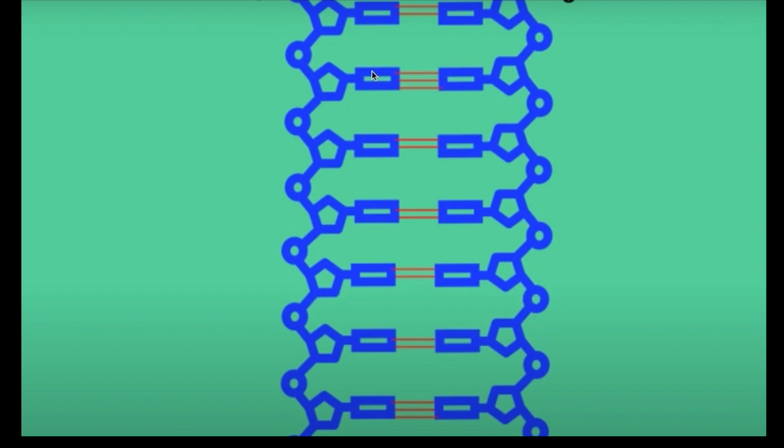Then I want you to label this one here as a G. G for guanine. This one as a T. T for thymine. This one as another T for thymine. This last one is another A for adenine.